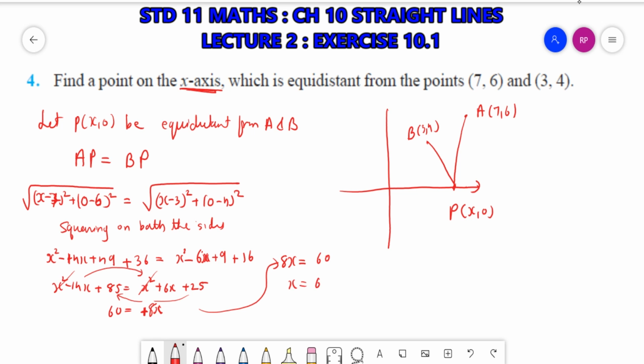So x will be equal to 60 by 8. So 4 15s are 60, 4 2s are 8. X is equal to 15 by 2. So the required point is P (15 by 2, 0). Okay, so this was about question number 4. Just note it down.